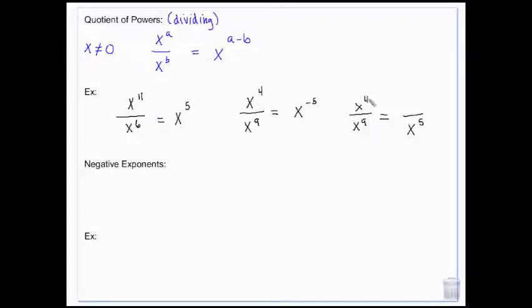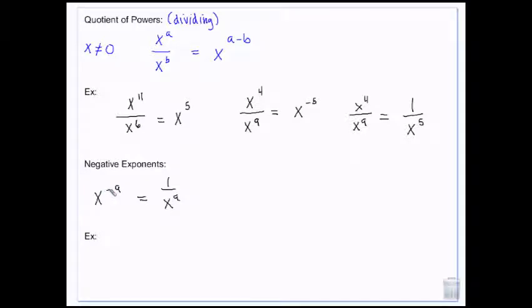So the 9 won, so I still subtract, but it's going to stay in the same place as the larger number, and that's because with negative exponents, I throw them in the basement. Oh, yeah. Negative exponents aren't allowed.